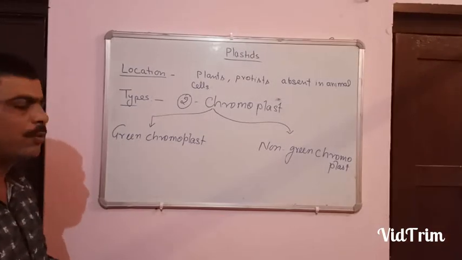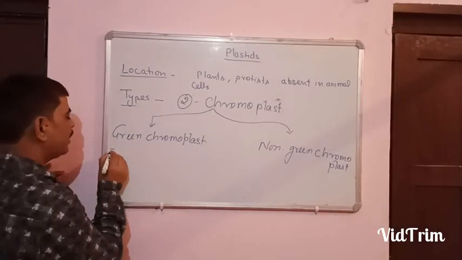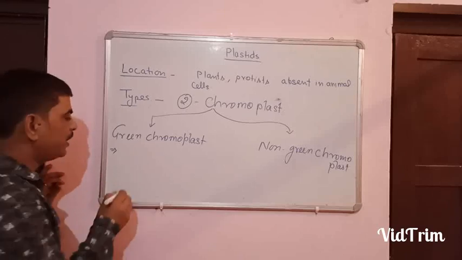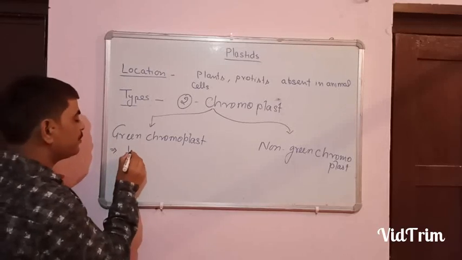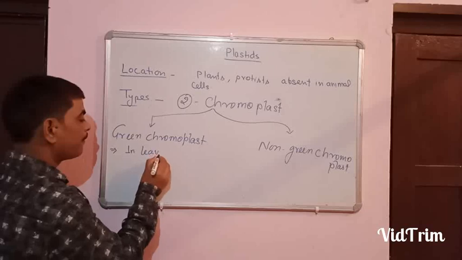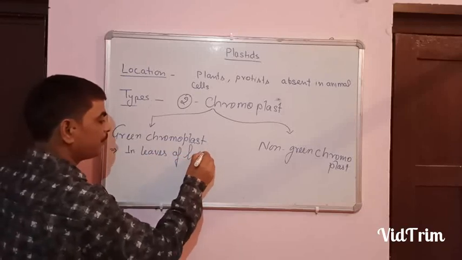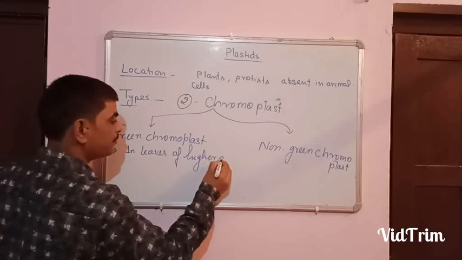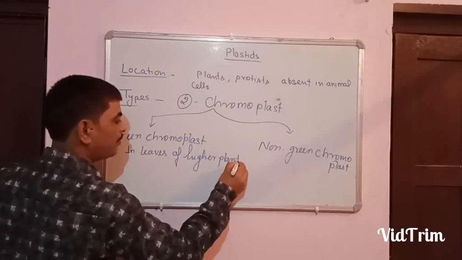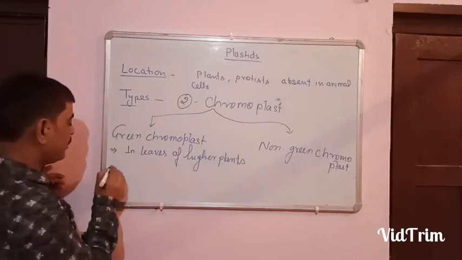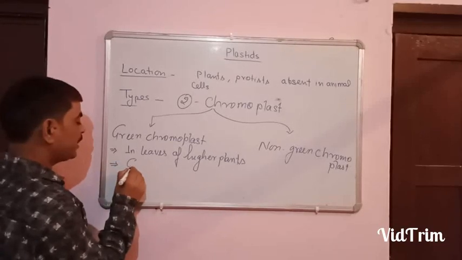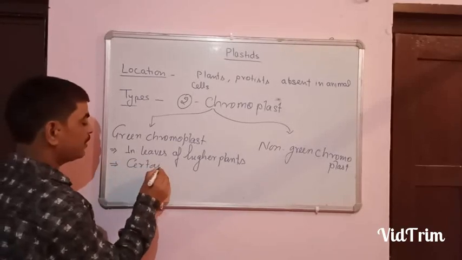These green chromoplasts are found mainly in leaves of higher plants. In certain algae, they are also present.